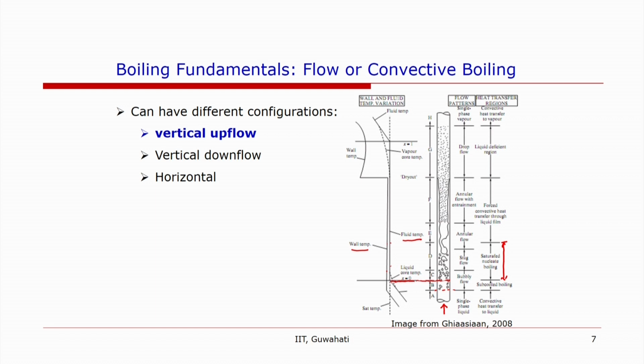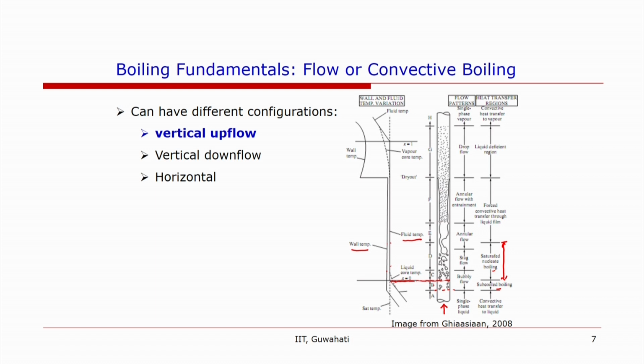In this case, the mechanism of boiling is still nucleate boiling, so bubble nucleation happens, and the quality is smaller, so that means the vapor fraction is smaller. Now you can see that in the subcooled boiling and saturated nucleate boiling, the bubbles are smaller.